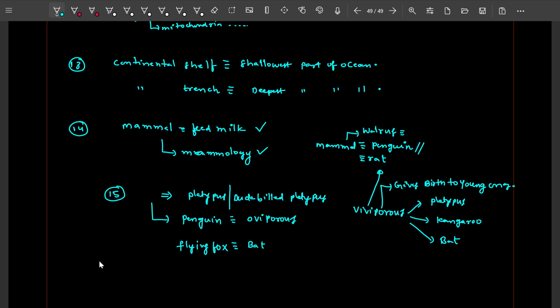What are these definitions? Adsorption, distillation, and also crystallization.